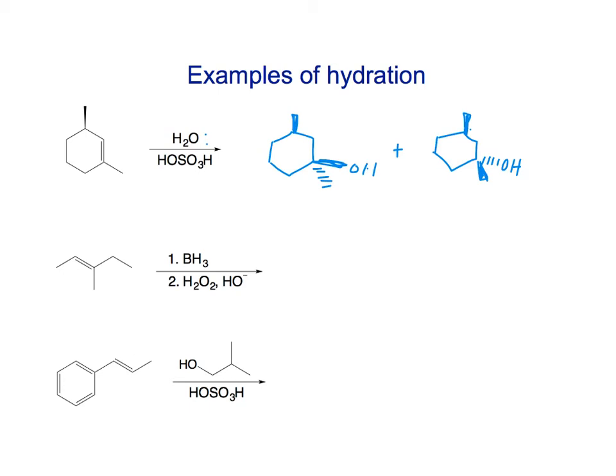So these two are stereoisomers, and they are, what's the relationship here? They are diastereomers. And remember, whenever we form a mixture of diastereomers, the reaction will likely be stereoselective, because the pathways to those two diastereomers are going to be different in energy.